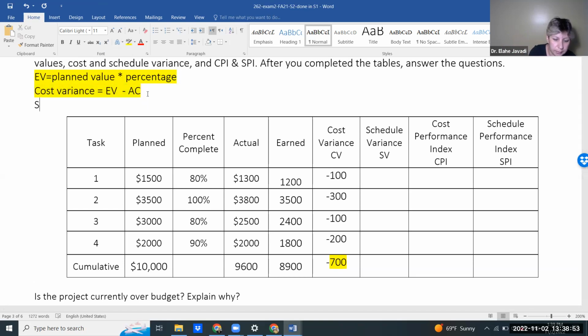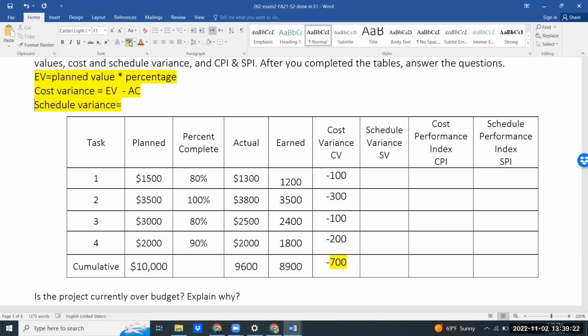Let's do schedule variance. What is a schedule variance? Who is here? Benedict. What's the formula for a schedule variance, Benedict? Earned value minus, would it be the plan? Exactly. Good job.